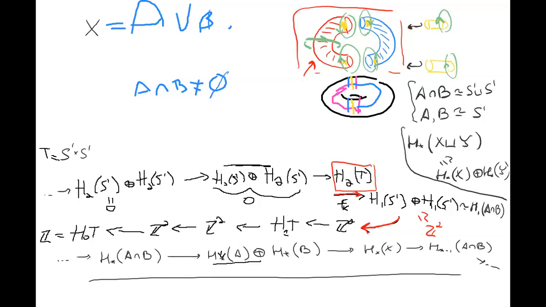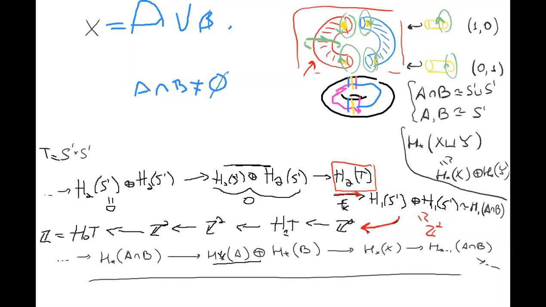So okay, first one, this cylinder corresponding to an element 1, 0, this one to 0, 1.